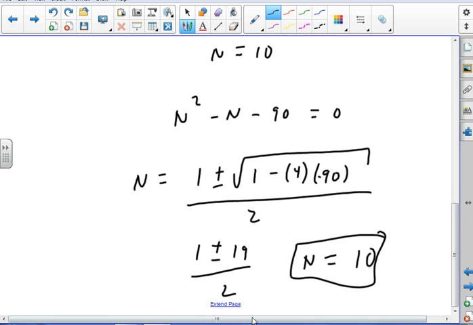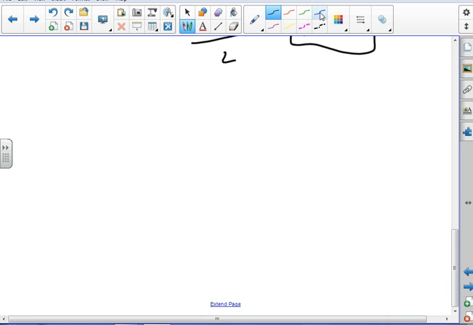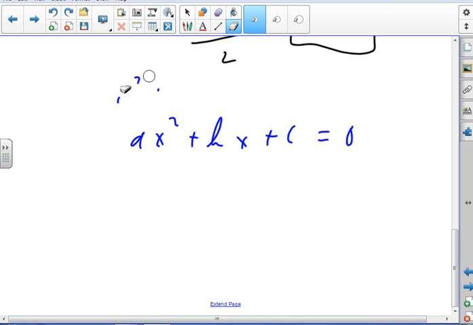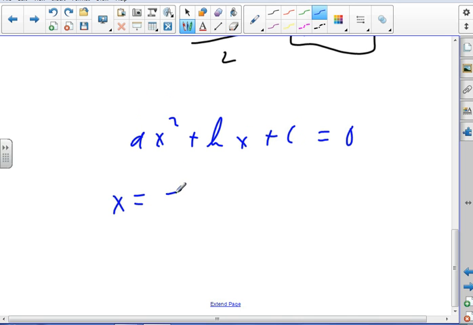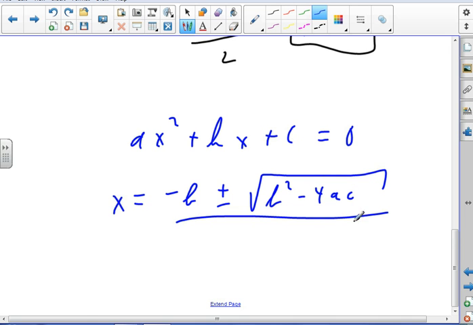Now, we're going to go over something else. You're not going to like it. But if I have ax squared plus bx plus c equal to 0, I can use the quadratic formula, right, and say x is minus b plus or minus the square root of b squared minus 4ac, divided by 2a. I remember that.